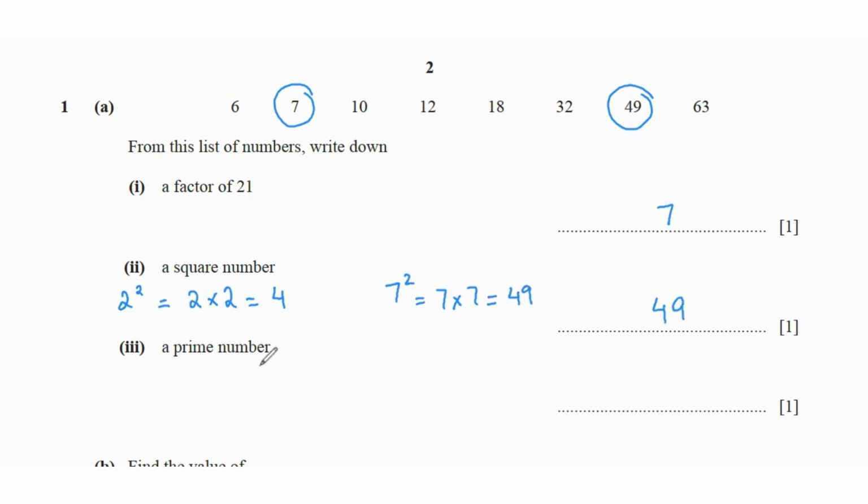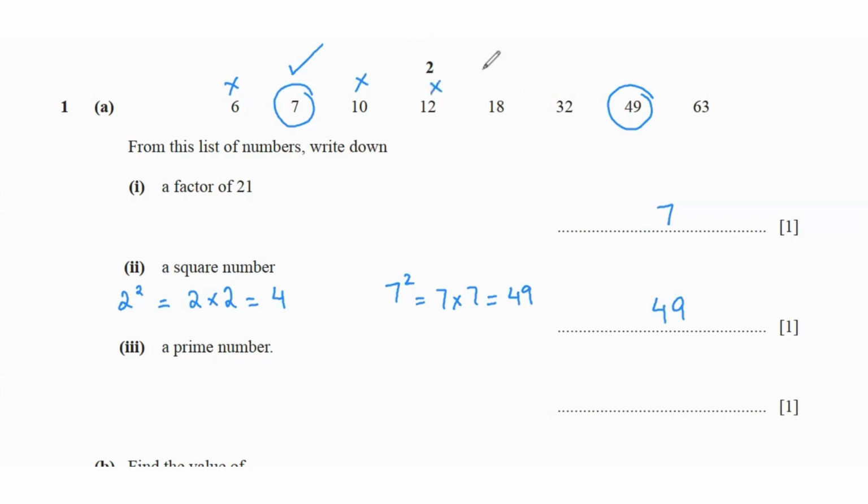Then next they're asking for a prime number. A prime number is a number that is divisible by 1 and itself, which means it doesn't have other factors. So 6 is 3 times 2 and 6 times 1, so that is not a prime number. 7 is a prime number because 7 is only divisible by itself and 1. 10 is not prime because 10 is 5 times 2 and 10 times 1.